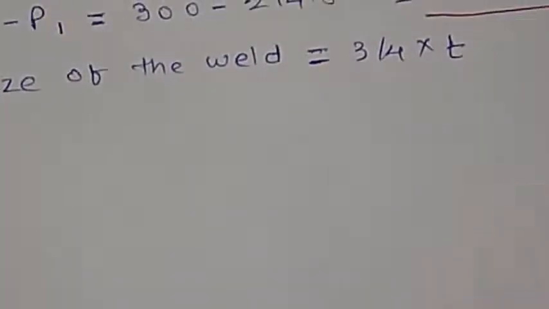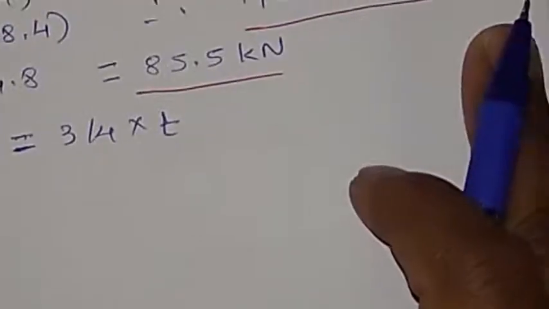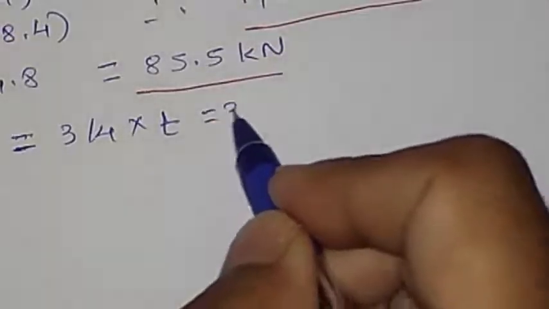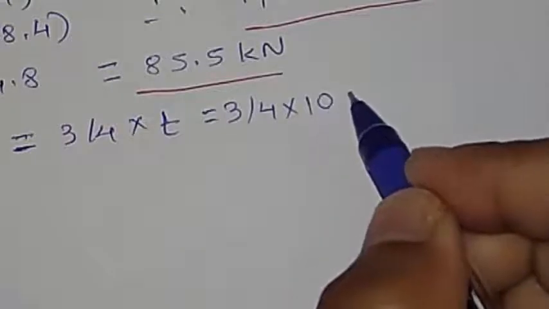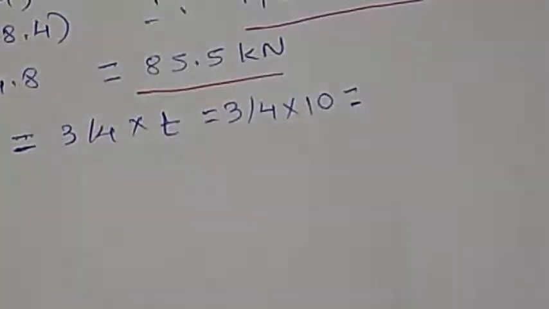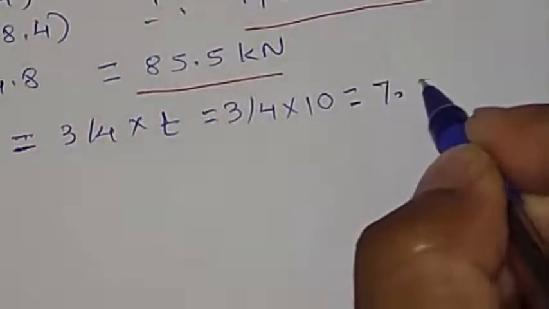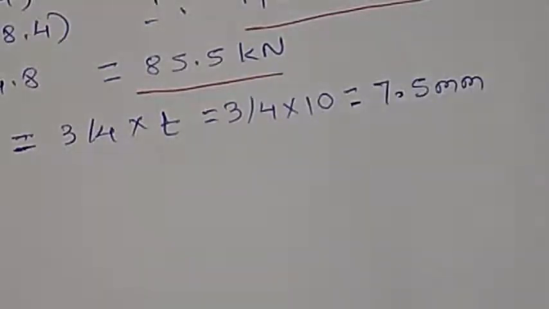So 3/4 of the T, so we got here 3/4 multiplied by 10 mm, the thickness of the angle section. If we calculate this, you will get around 7.5 mm. So this is the maximum size, and we can adopt, let us say, lesser than that, maybe 6 mm.